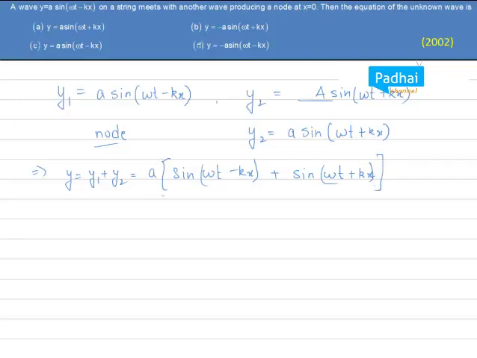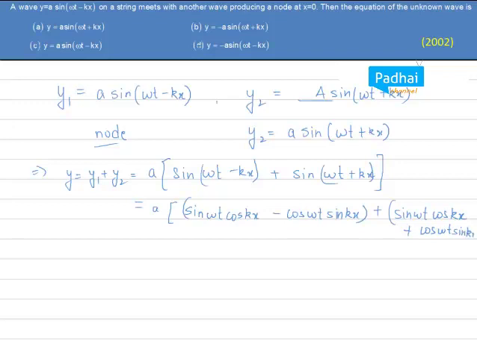Now let us solve this equation. This A will remain common. If I open this, it will be sine omega t cos kx minus cos omega t sine kx, and on opening this, plus sine omega t cos kx plus cos omega t sine kx.